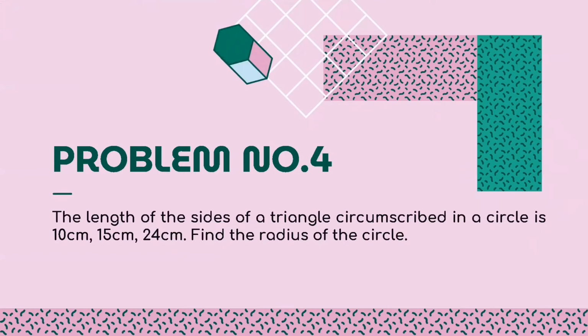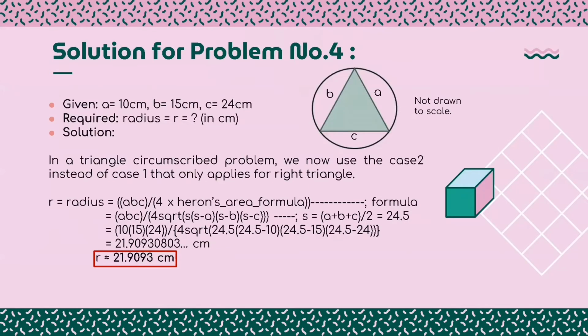Then for problem number 4, the lengths of the sides of a triangle circumscribed in a circle are 10 cm, 15 cm, and 24 cm. Find the radius of the circle. So the triangle is circumscribed in a circle. To find its radius, we need to use Heron's area formula.